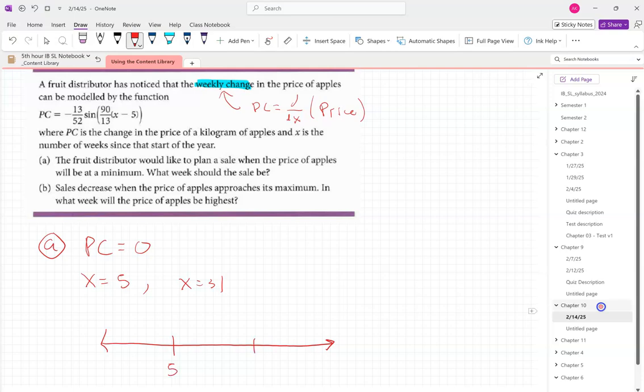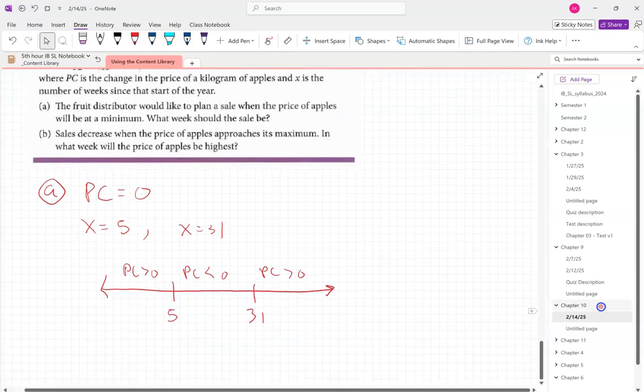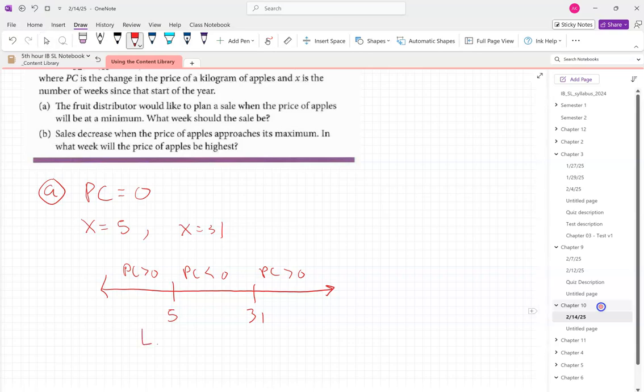So I have 5 and 31. So here, PC is greater than 0, PC less than 0, PC greater than 0. I would just write that for my sign diagram. I wouldn't actually pick test values here to plug in. You could, but like the graph told me everything I needed. So this is my local max. This is my local min.